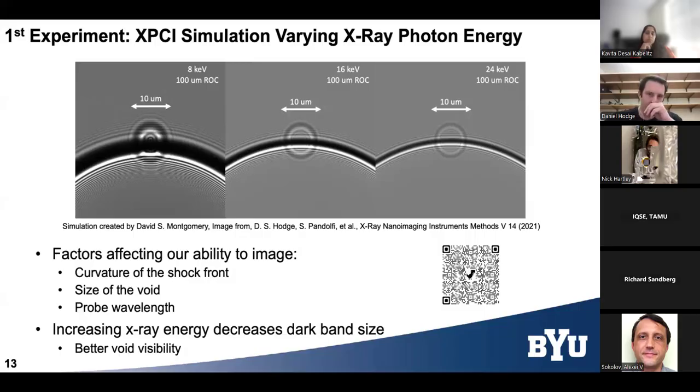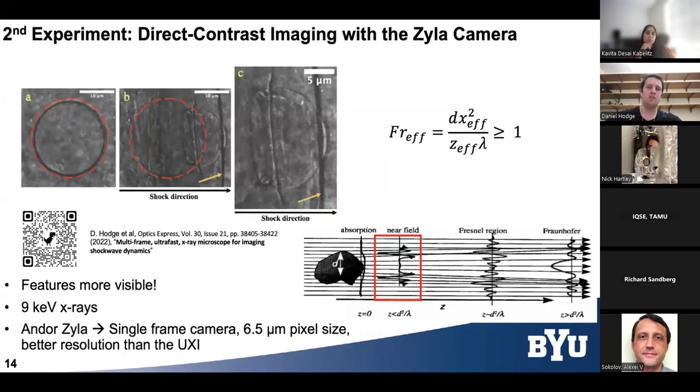But another way to go around this is by operating in this near field. So instead of being in this regime, we should be in this regime. So not necessarily radiography or absorption contrast, but more so in this near field regime.